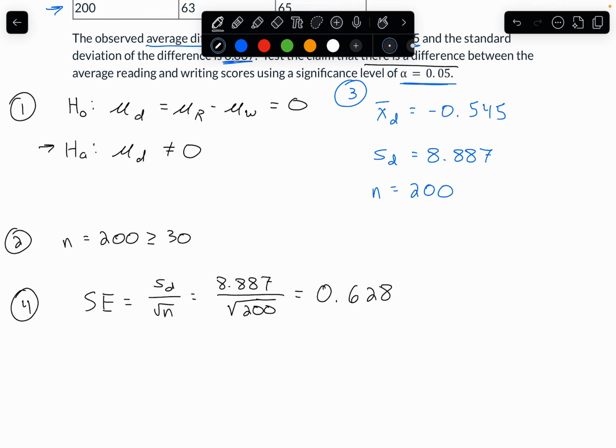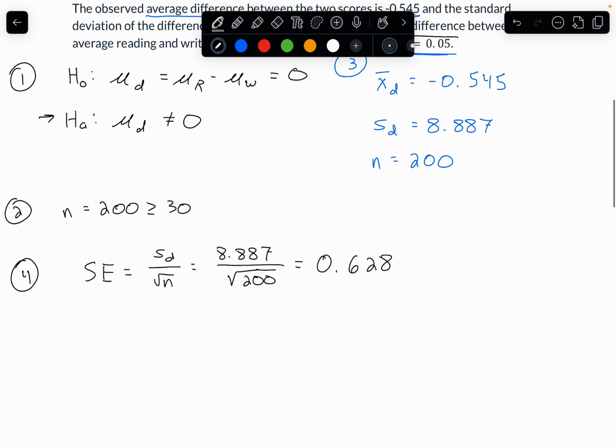Once I've got my standard error, I can go ahead and find my test statistic. So a test statistic is going to be a t-score. Remember, we're using our t-distribution because we're working with population means. And for that, I want x bar sub d divided by my standard error that I just found.